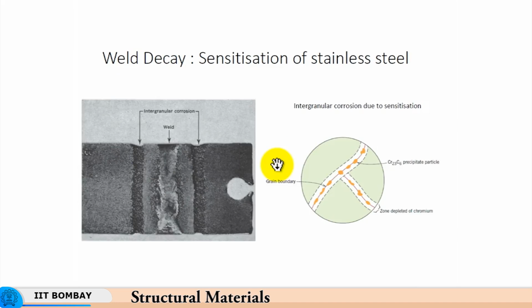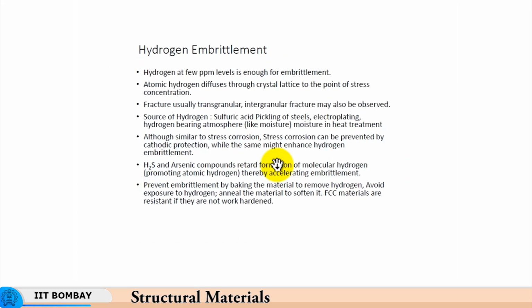This is weld decay or sensitization of stainless steel, which I mentioned to you as happening due to chromium getting depleted around the grain boundaries, and then the chromium traveling to the grain boundaries as chromium carbide combining with carbon and then making them brittle.